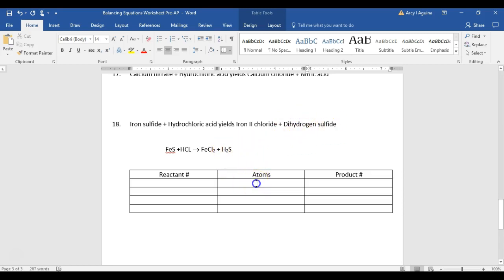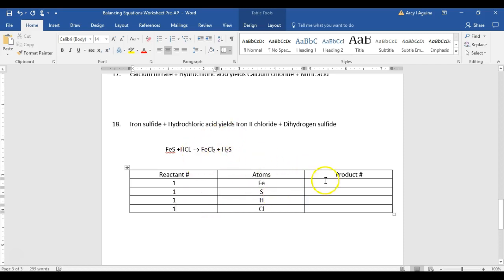So I'm going to put the atoms in the middle. The first atom is iron. The second atom is sulfur. And the third atom is hydrogen, and then the last atom is chlorine. On the reactant side, the side before the arrow, I have 1 iron, I have 1 sulfur, I have 1 hydrogen, and I have 1 chlorine.